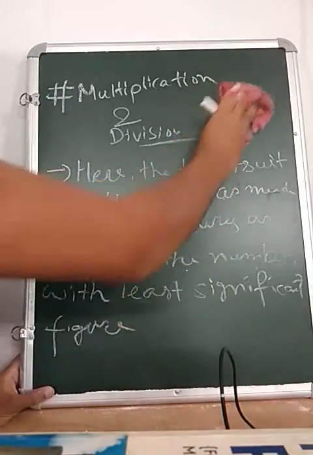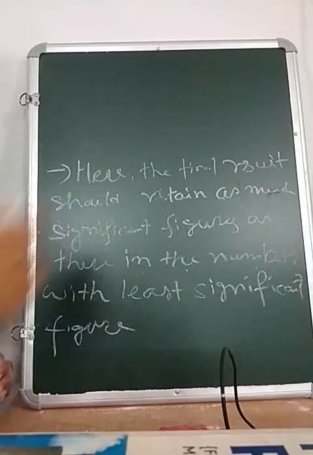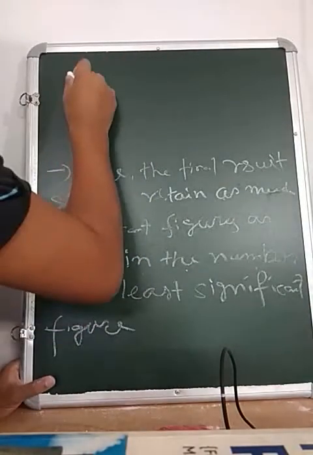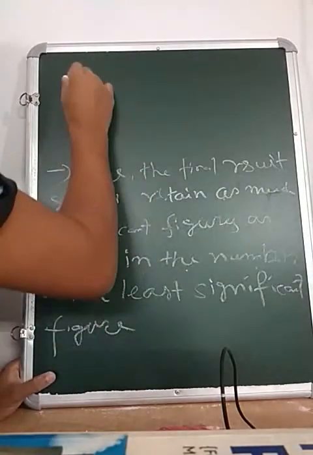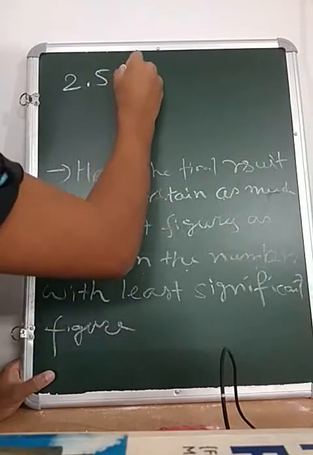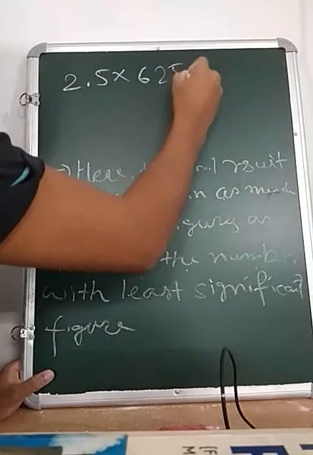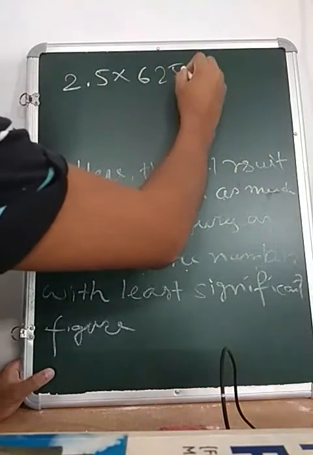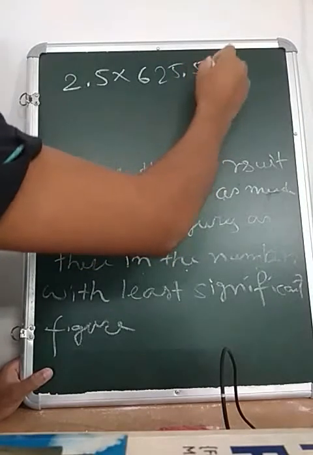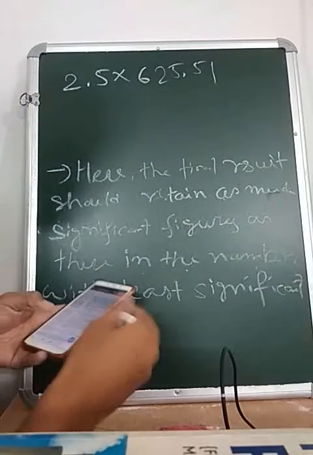Okay, so we'll take an example of it here. Suppose we have to multiply 2.5 into 625.51. Okay, so what is the answer?